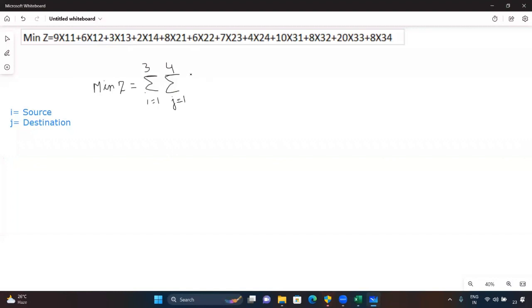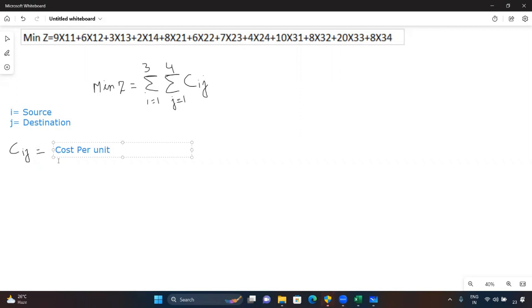Now, cij. What is cij? We have referred to it as cost per unit.